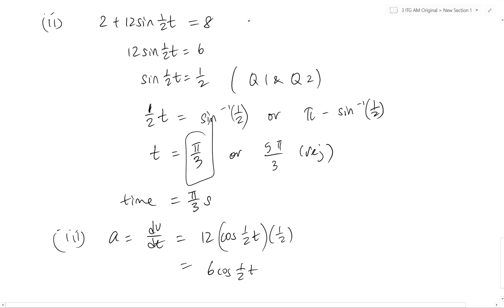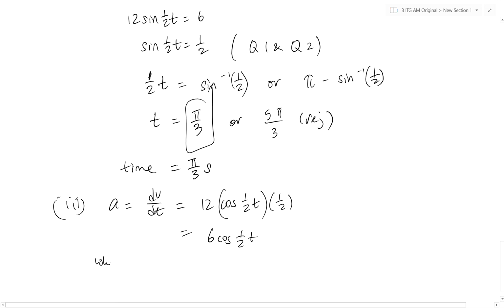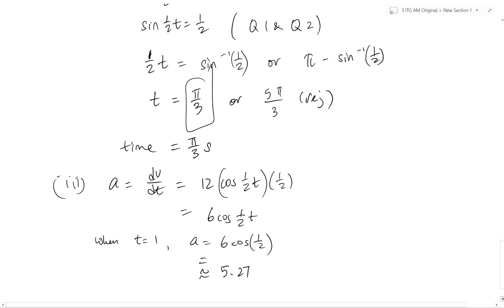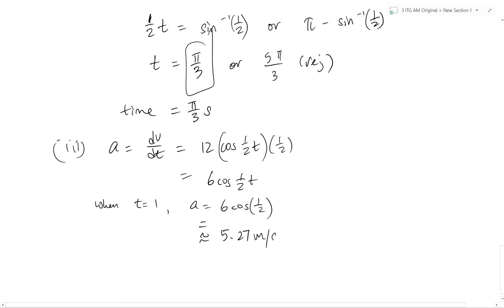When t is equal to 1, our acceleration will be 6 cosine of half over here, which after rounding off, we will have 5.27 meters per square second.